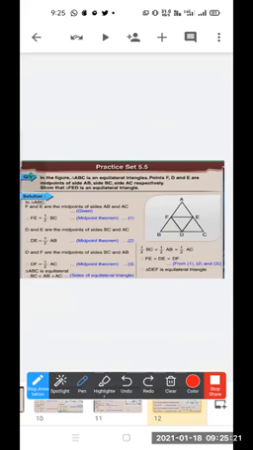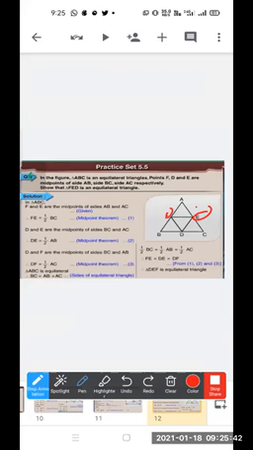Similarly, we can find FE also. F and E are the midpoints of AB and AC, and EF is parallel to BC, so EF is half of BC by the midpoint theorem.